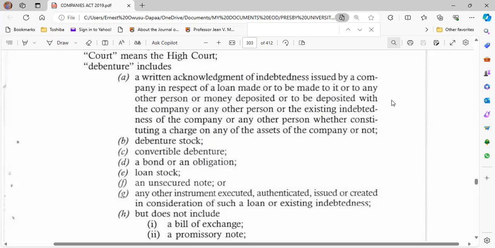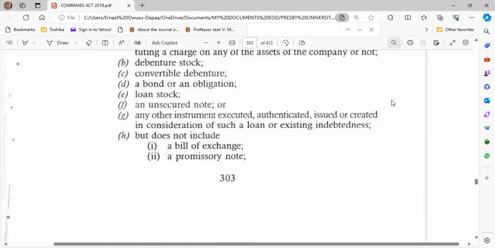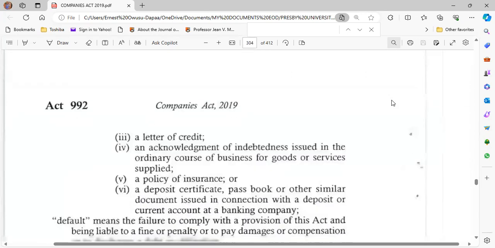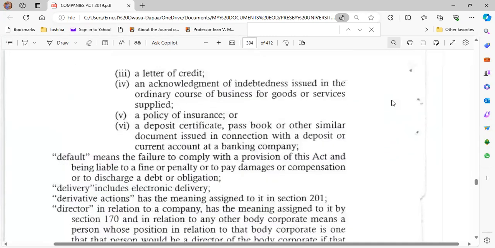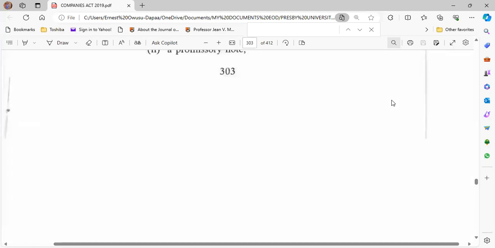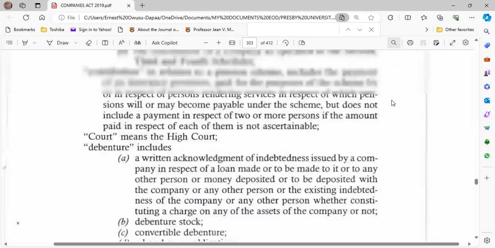You are only being given some of the instantiations or examples of what amounts to whatever is being defined. So in this particular case, we are being told that debentures include all the following, A to H, and notice that H has also got its own sections.